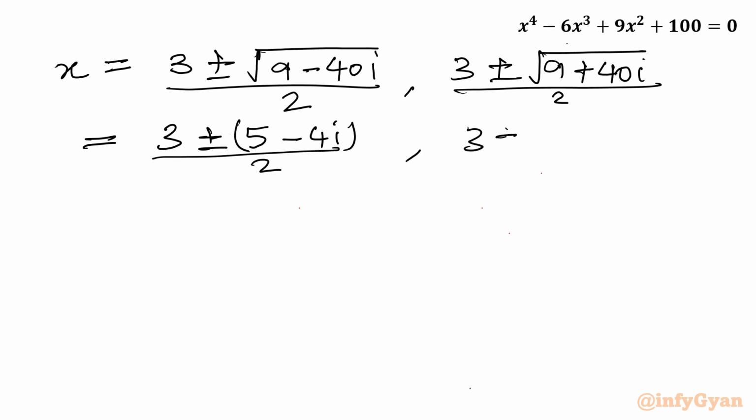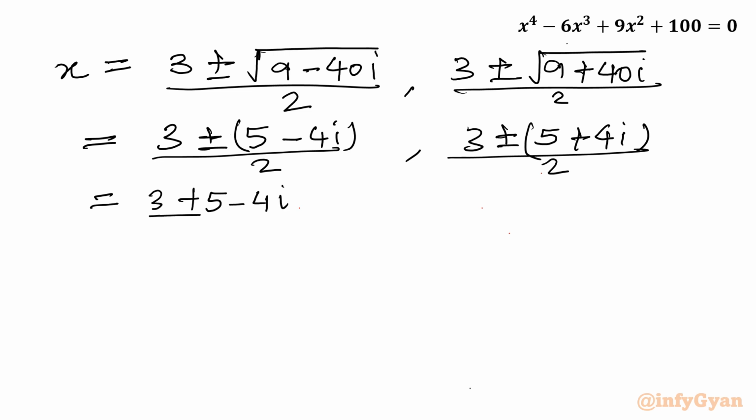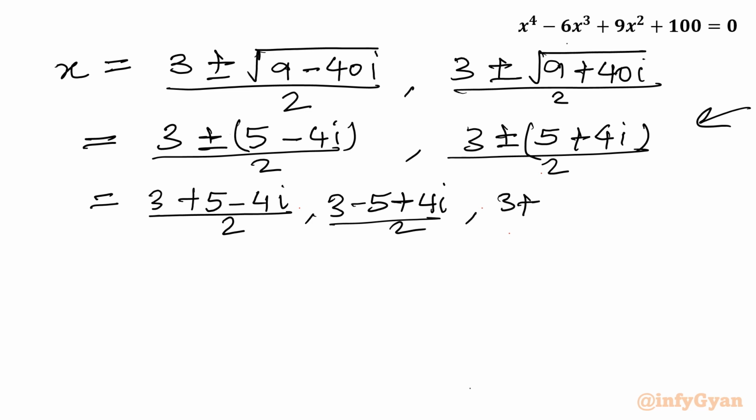And here I will be writing 5 plus 4i as it was the (a plus b) whole square formula. Now with plus sign I will be getting 3 plus 5 minus 4i over 2, with minus sign in between, 3 minus 5 plus 4i over 2. Now come to the second solution. This solution 3 plus 5 plus 4i divided by 2, and last value with minus sign in between, 3 minus 5 minus 4i divided by 2.